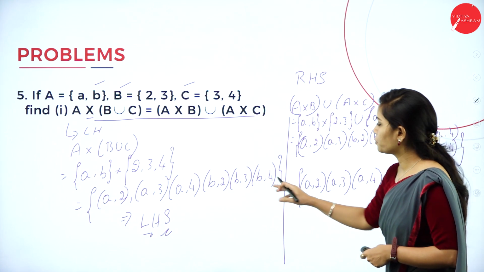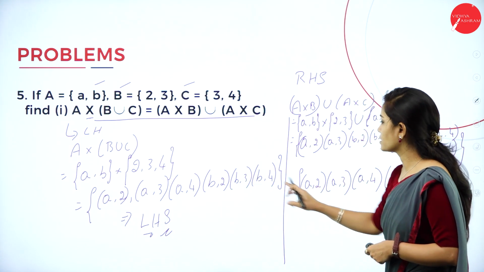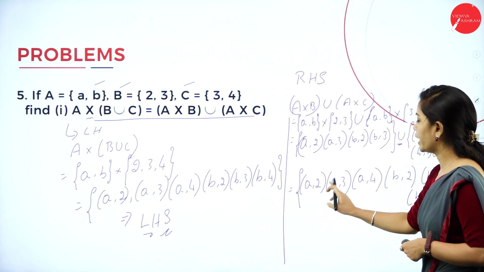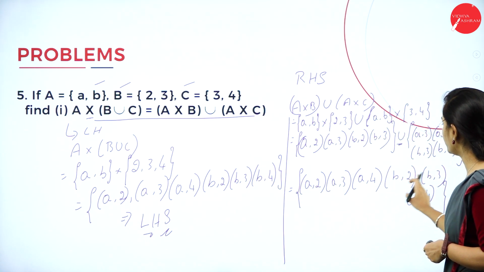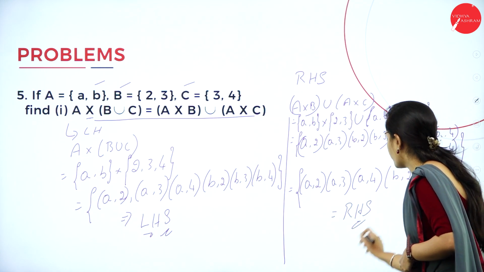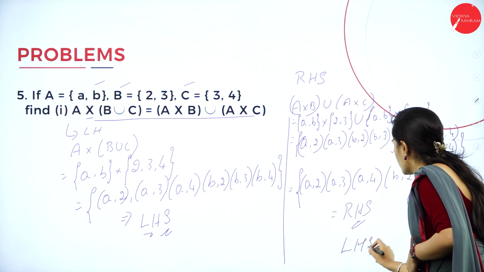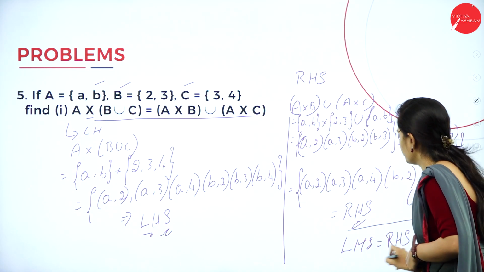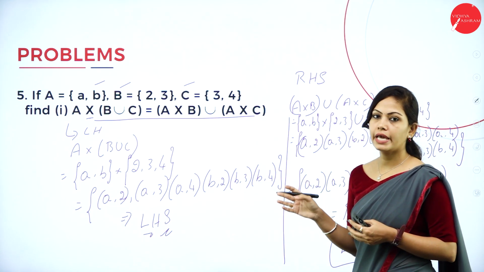So now I proved the LHS is equal to RHS. LHS is (a,2), (a,3), (a,4), (b,2), (b,3), (b,4) and RHS is the same. So finally LHS is equal to RHS. Hence it is proved.